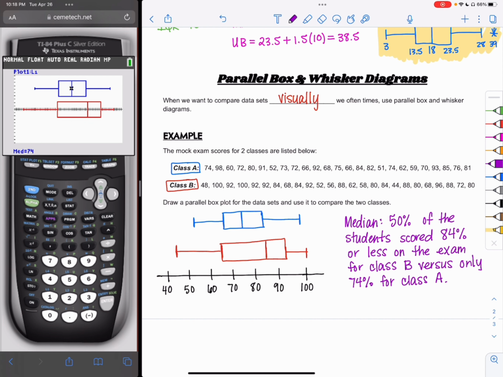Now, if we wanted to compare based off of the ranges, anytime we look at our spread, we normally describe it based off of the IQR or the range. I can tell just by looking visually that class B's data is more spread out, which means that it's less predictable. Class A's test scores are less spread out, which tells us that class A scores are more predictable in relation to the spread, the IQR, and the range.